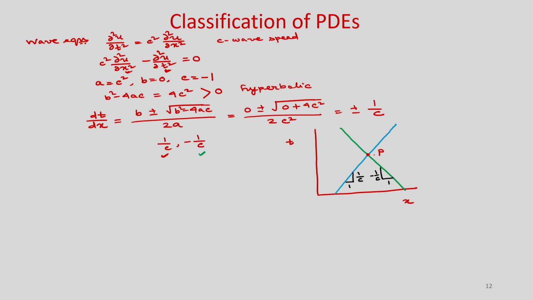The solution at point P is dependent on only the solution of a finite region. So, you have real characteristics, and you have finite domain of dependence and influence.